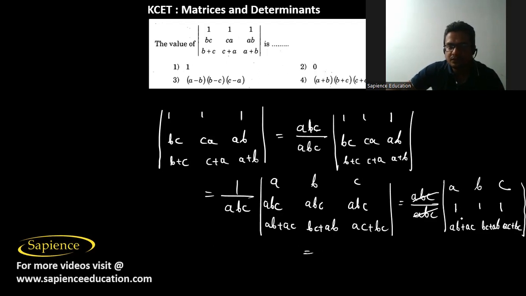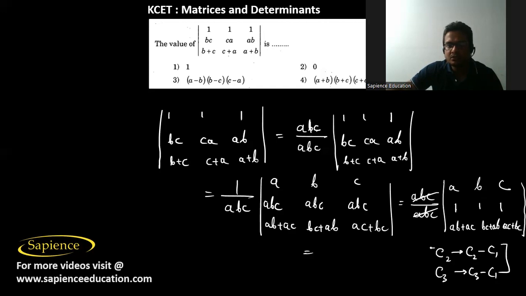So then what we can do is apply column operations: column 2 goes to C2 minus C1, and we can also do C3 goes to C3 minus C1.